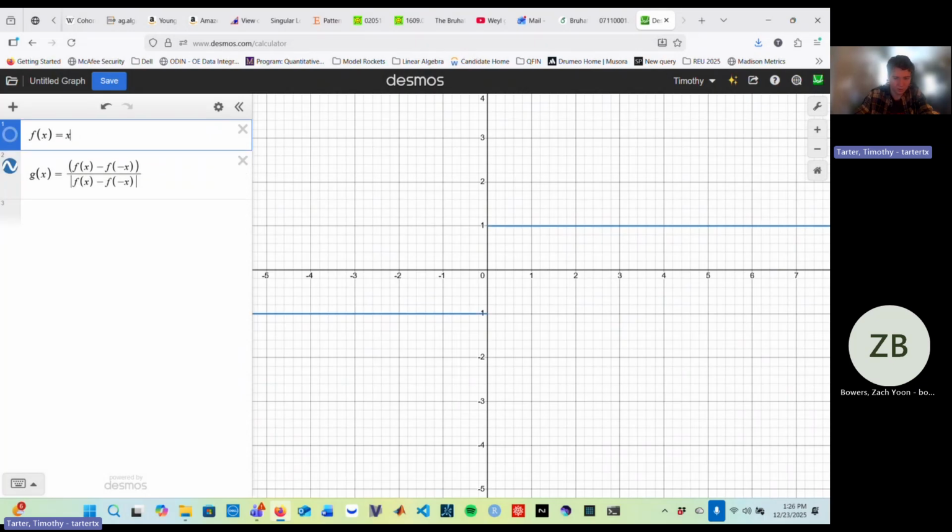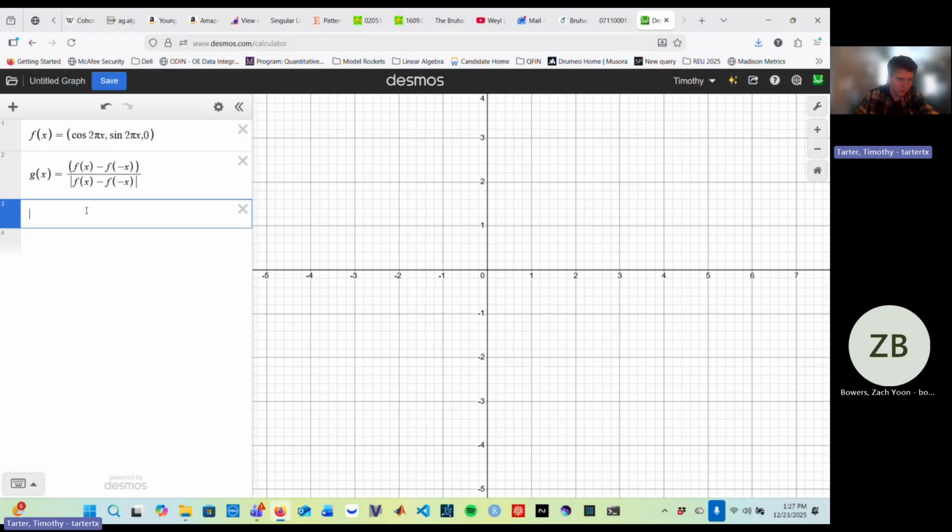cosine 2 pi x, sine 2 pi x, comma 0. Maybe it'll work for this. Then g of 1/2... we can do this piecewise, right?